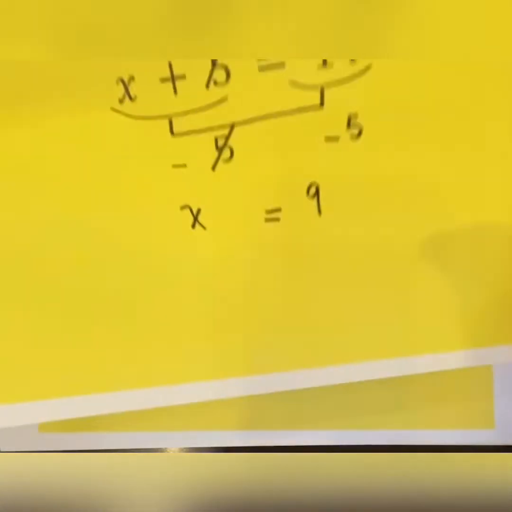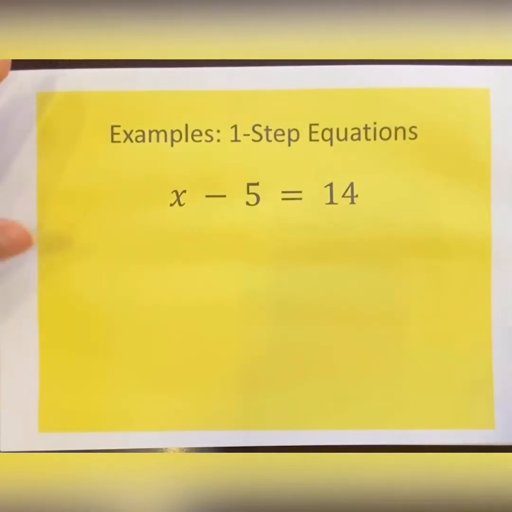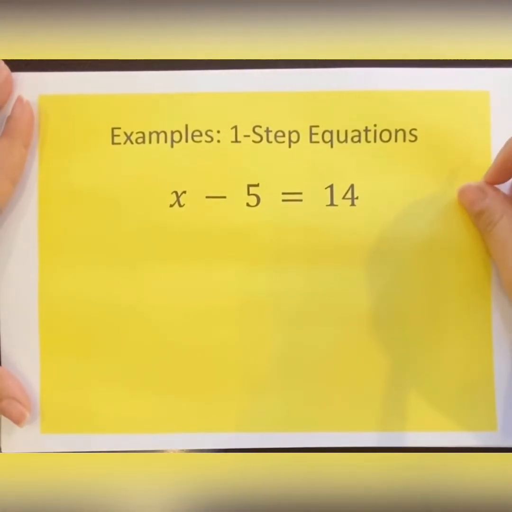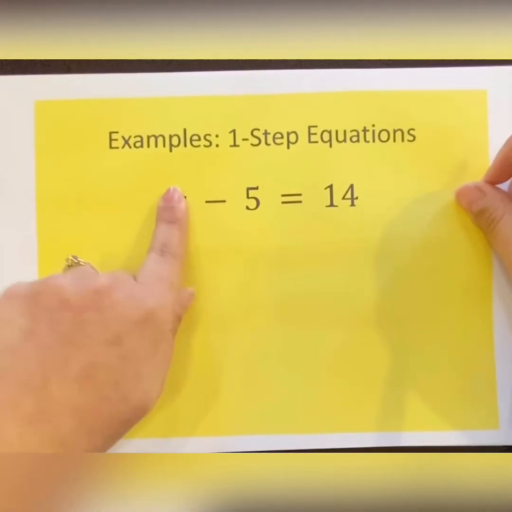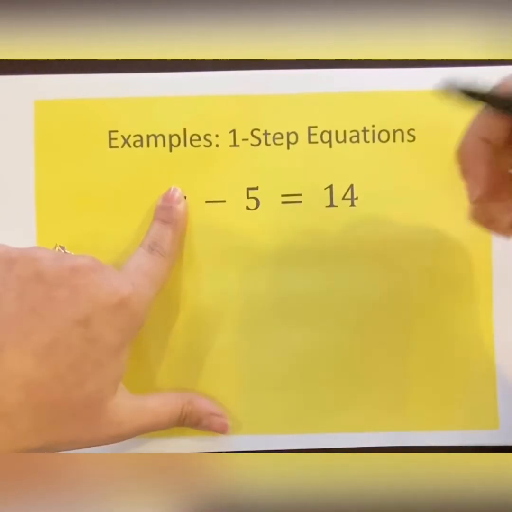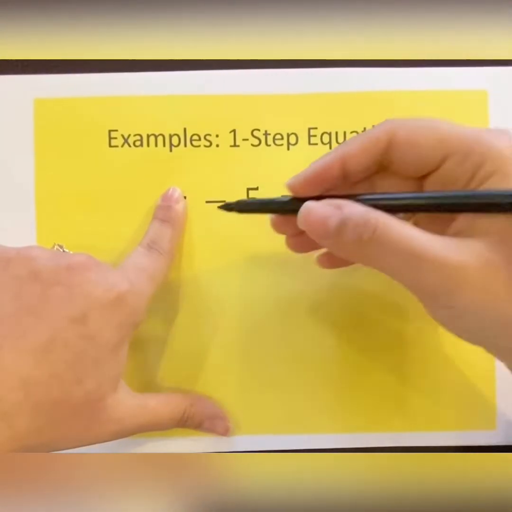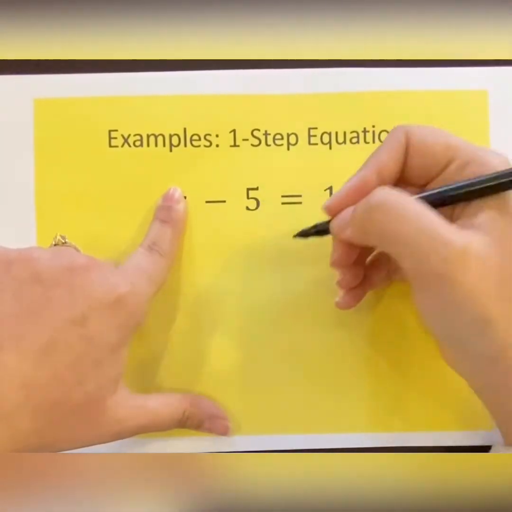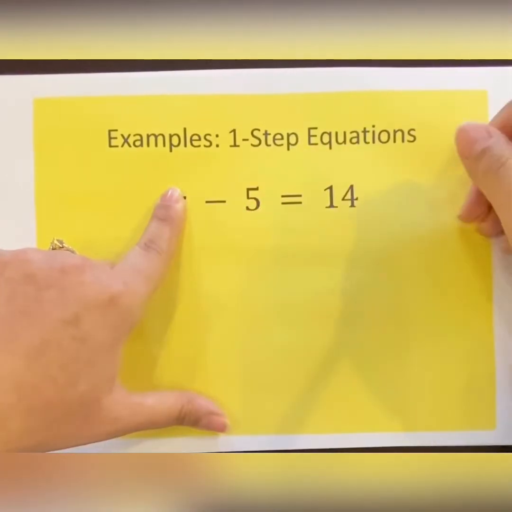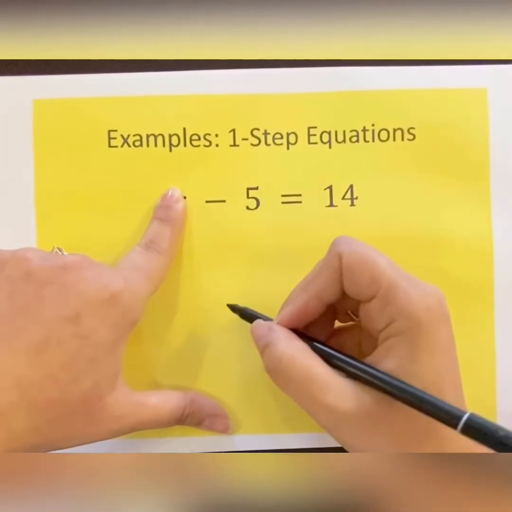Let's move to the other example. We have here x minus 5, which equals 14. Again, I want x, so I'm going to cover it. I need to think of the operation that we can do for both sides. I need to get rid of the subtraction in here. How do we get rid of it?